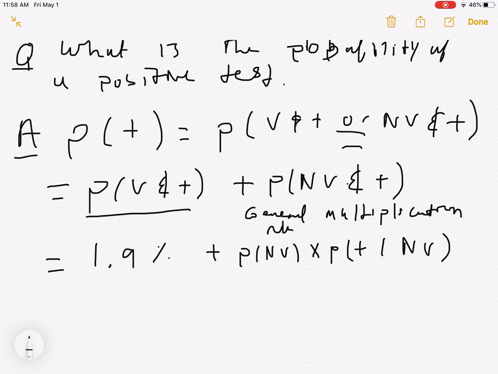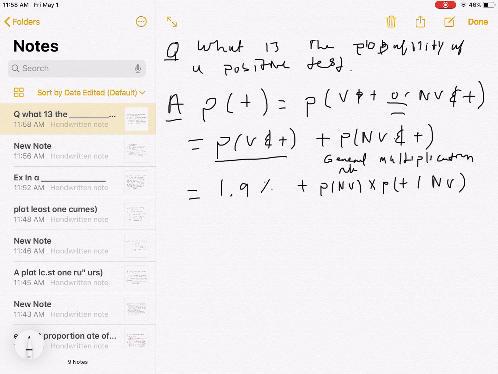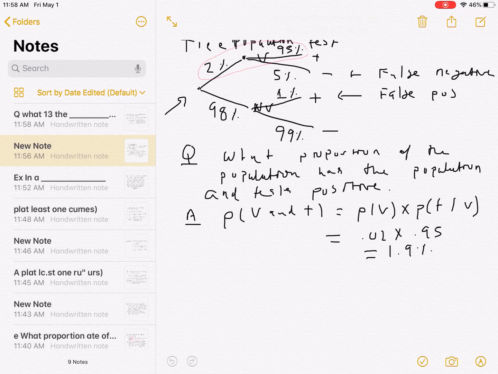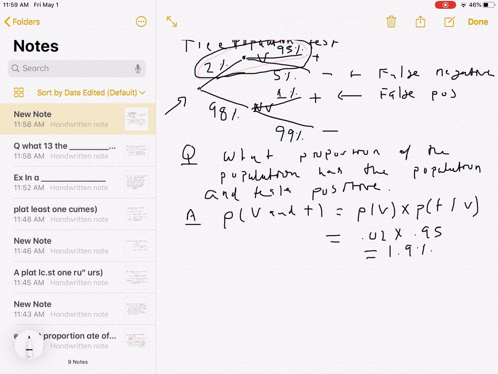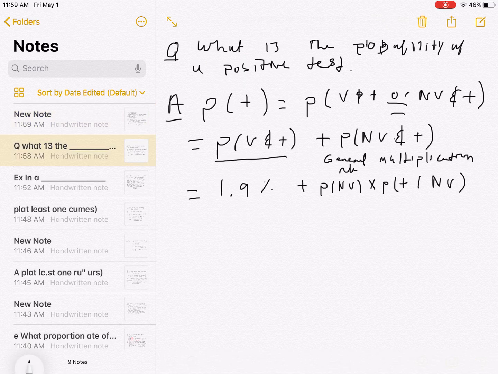So if we go back to the previous note, we first took this path right here. That represented the probability of virus and positive. This path represents the probability of not virus and positive. So we're adding those two multiplications together.